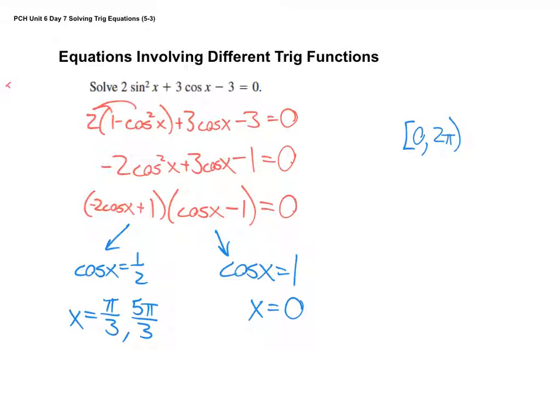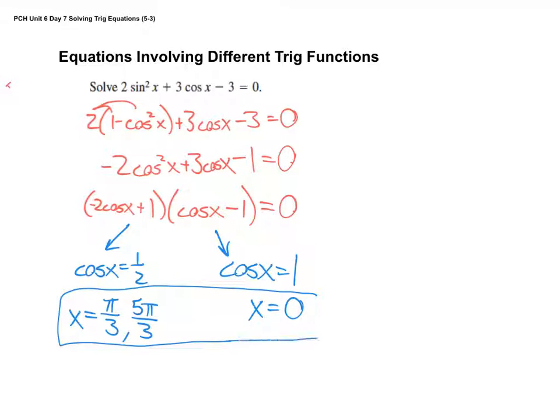In fact, 2 pi would technically be out of that range. So just be aware of that. But you see here, we've got pi over 3, 5 pi over 3, and 0 for 3 answers here. Okay?